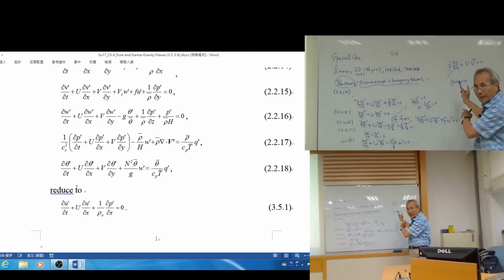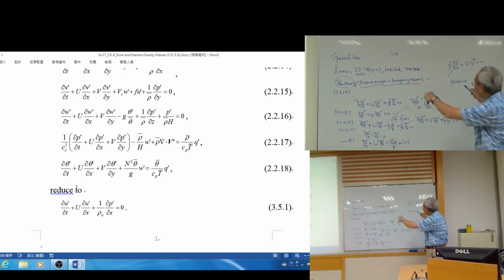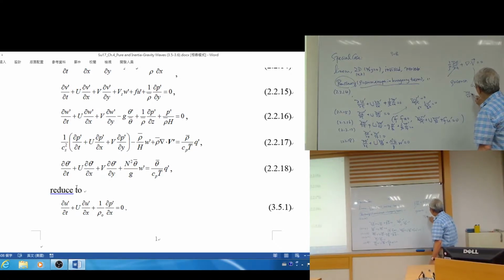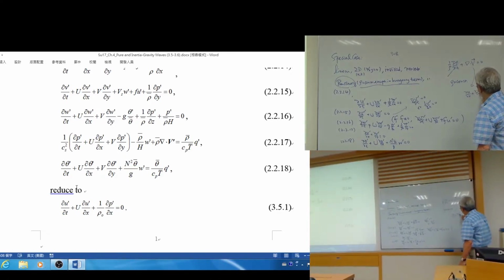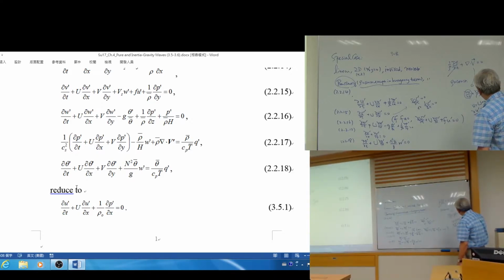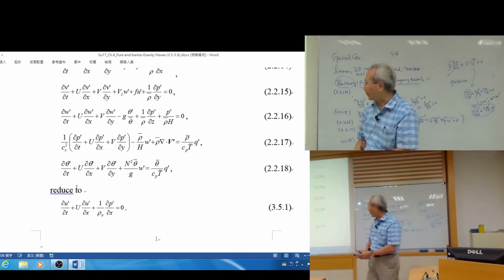It's easier to look at this one. This becomes partial u, partial x, plus partial v, partial y, plus partial w, partial z equals 0. But u is capital U plus u prime, so this term becomes partial u prime, partial x. This one is gone because it's partial y. And w is equal to w prime, so we have dw prime dz equals 0. It's easier to just work on that rather than go through that.